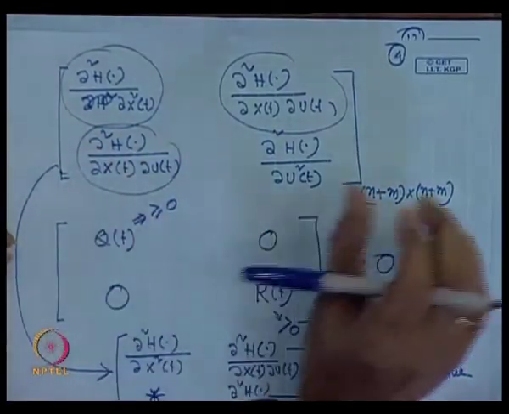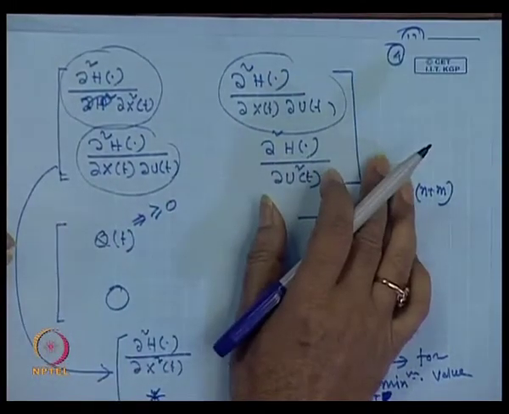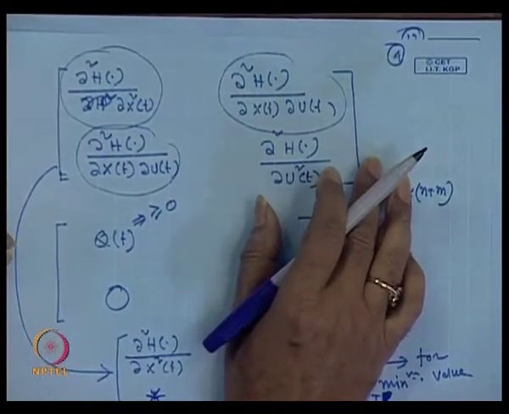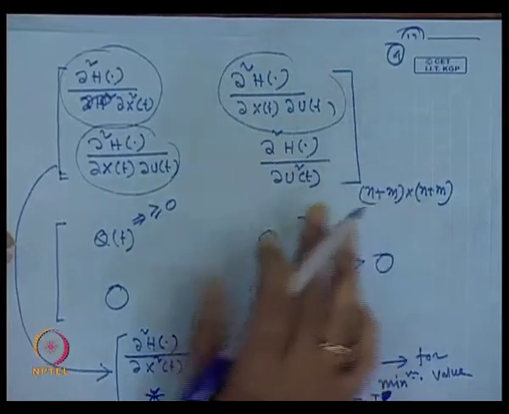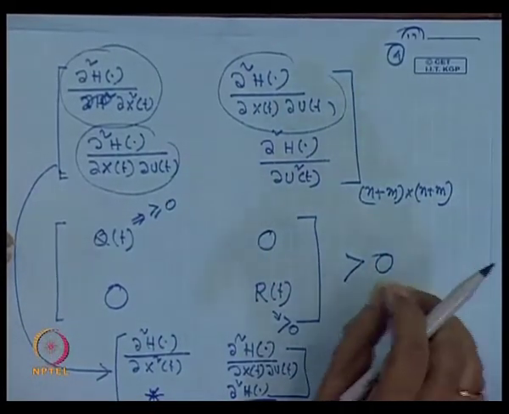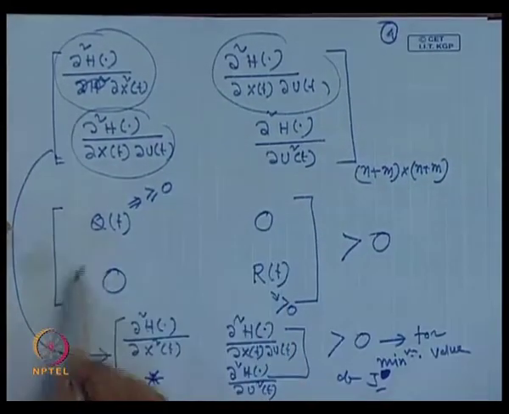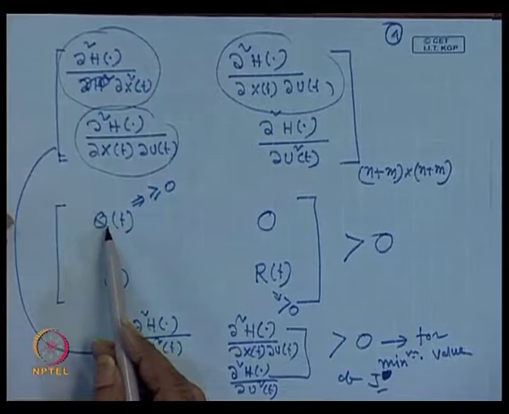That means whether the control law will give you the minimum or maximum value of the functional. One can check that with the Hessian matrix. The Hessian matrix must be positive definite for the functional value to be a minimum, and we have seen that it is enough to check.